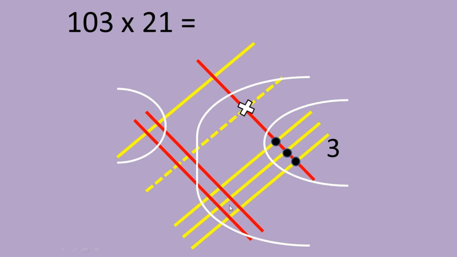So we're going to count the intersecting lines. We have 1, 2, 3, 4, 5, 6. So we have 6 intersecting lines. This X mark is not included as an intersecting line.